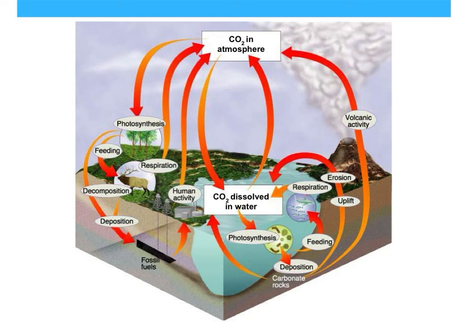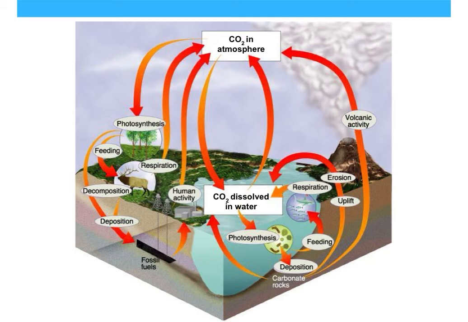So this is an example of the CO2 in the atmosphere cycle. You can see photosynthesis taking out the CO2 and then giving off oxygen. We have organisms feeding on the plants, which then deposit their waste on the grass, which fertilizes the grass. The grass gets taller, again increasing photosynthesis. You have organisms that are going to break it down.